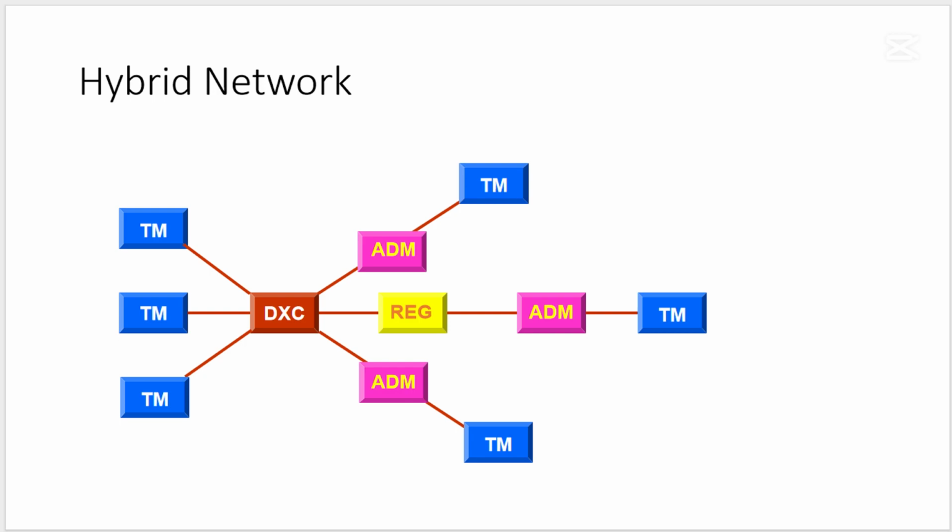We have talked about all the topology classifications: point-to-point, star network, tree, ring, mesh, and hybrid. Now we talk about sub-network interaction.